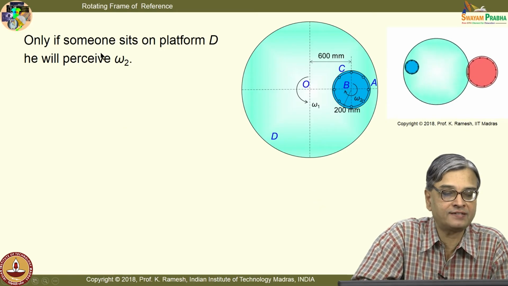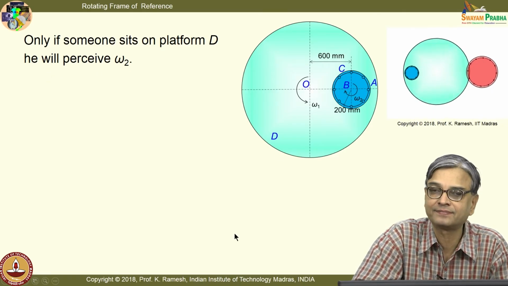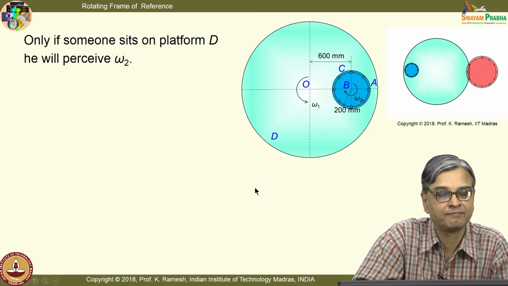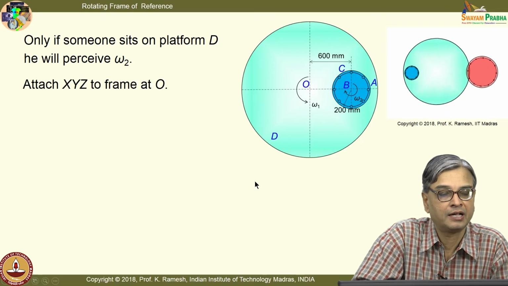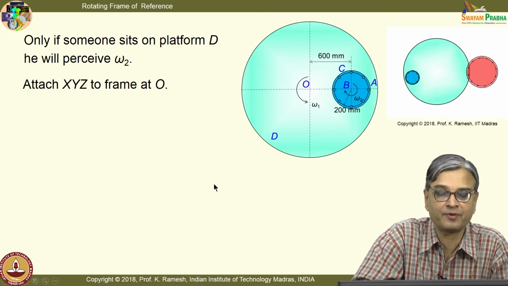So, only if someone sits on platform D, he will perceive omega 2. He cannot get omega 2 otherwise. Okay. Attach the frame XYZ to frame at O, that is the fixed frame of reference.